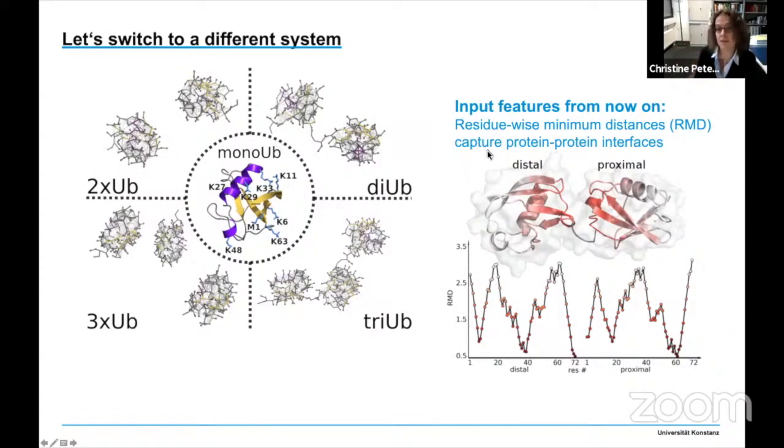We came up with the so-called residue-wise minimum distances. What this is, is that we take all the residues in one of our subunits and measure its minimum distance to any other residue of the other subunit. Same we do for the second subunit. So for each residue here, we measure its minimum distance to the respective other subunit.